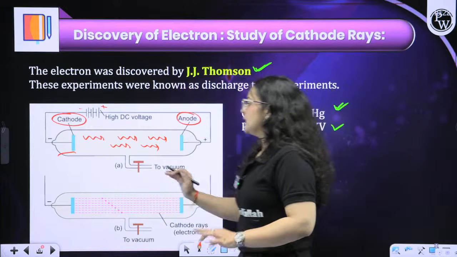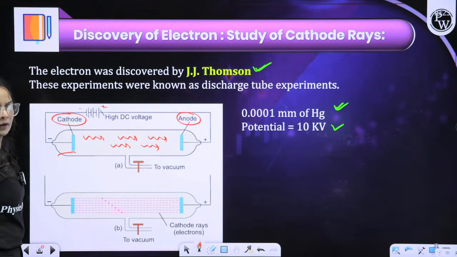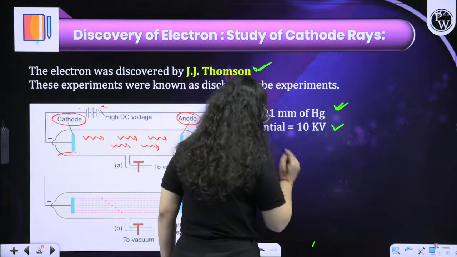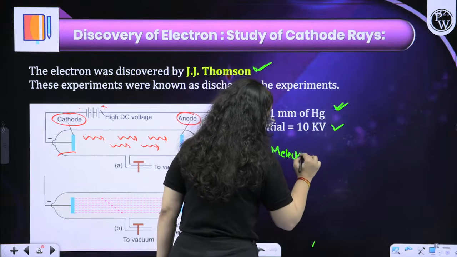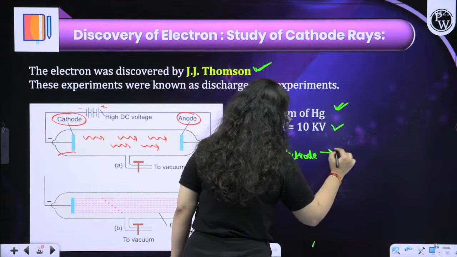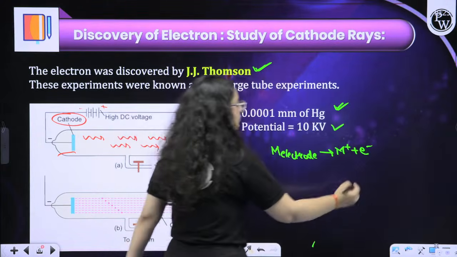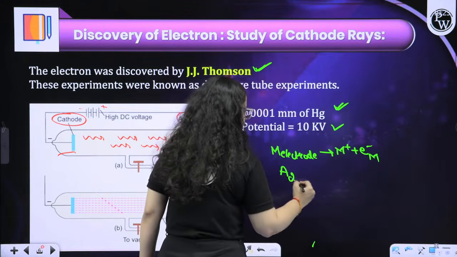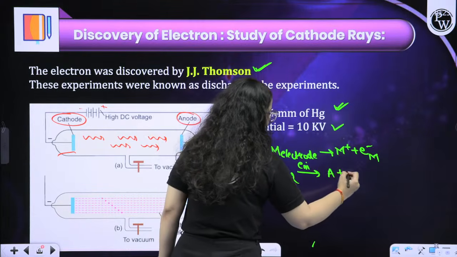Their experiments justify the properties of cathode rays, like what is the nature of cathode rays. Firstly, they start being produced from the cathode and move toward the anode, right? Basically what is happening here, let me clarify: the metal of the electrode first ionizes by producing an electron like this. So this is the electron of the metal. Now a certain gas, say A2 gas, is present inside it. By the electron of the metal, this A2 gas will split itself.